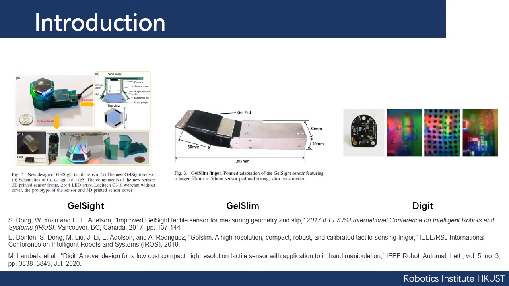Here are some typical examples of vision-based tactile sensors. GelSight and GelSlim are from MIT, and Digit is from Facebook. They all used photometric stereo for the contact deformation estimation. They are also equipped with tracking dots, so the shear information can also be captured.